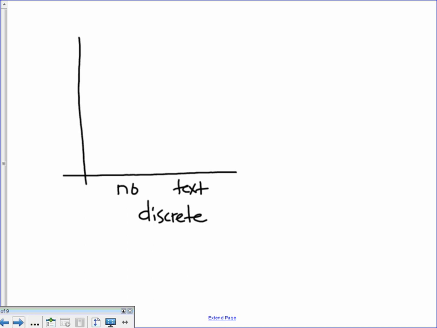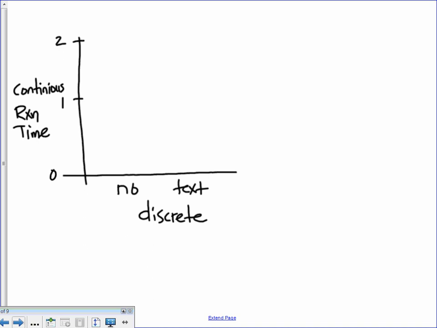There's no in-betweens. And your y-axis is what we call continuous, which means there is a range. In this case, we have reaction time. And it might range from 0 in this case to 2 seconds. I doubt anybody got as high as 2 seconds.